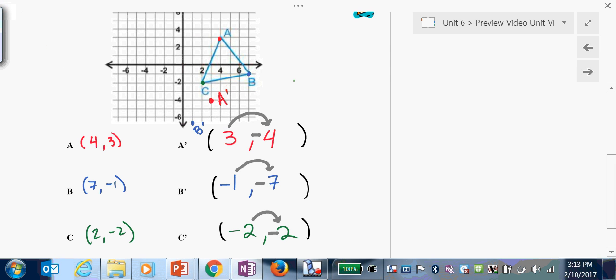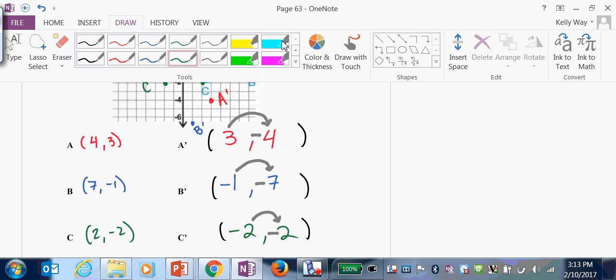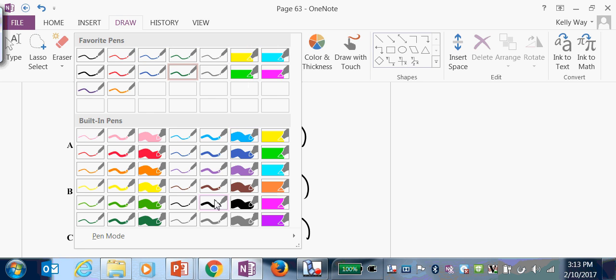Yes, it goes slightly off the graph. Okay, connect them.